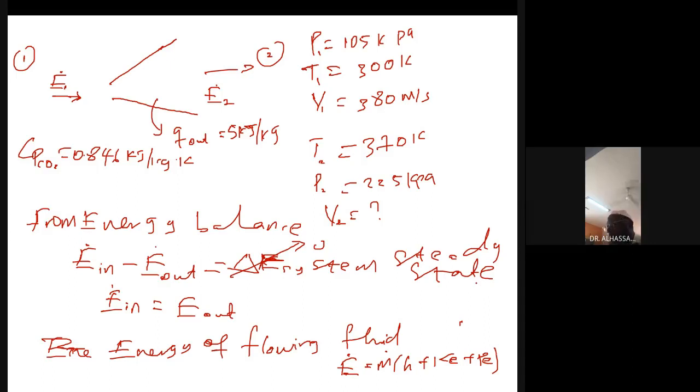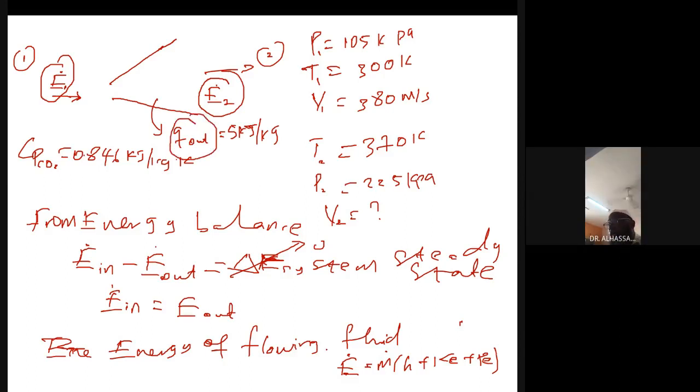So the total energy entering our system is E1, and the energy going out is E2, and we have Q out as well.